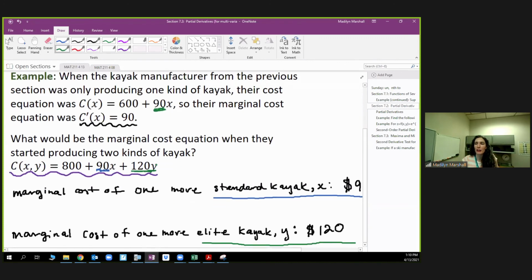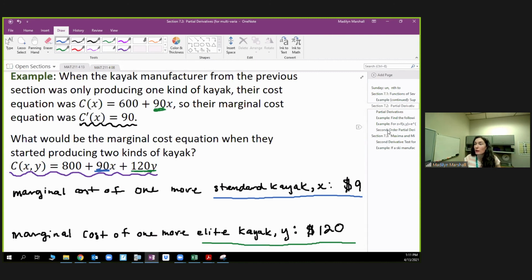For example, if we're trying to find the marginal cost for a multivariable function, we would do the partial derivative with respect to whatever variable we're focusing on. So if we want to know the marginal cost of the standard kayak, that would be the partial derivative with respect to x. And now we can see that that is true because we would be left with just 90 there. Partial derivative with respect to y would be 120. And we can do that with revenue or profit or whatever we are looking at.